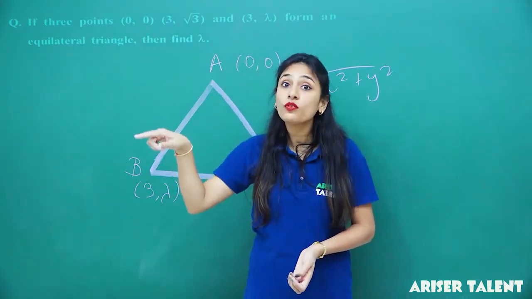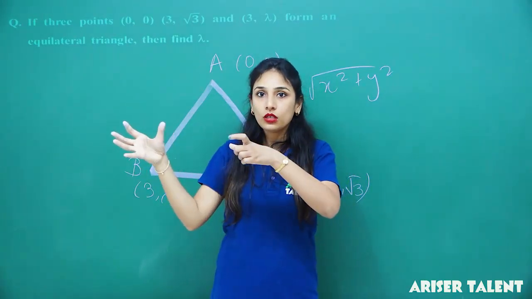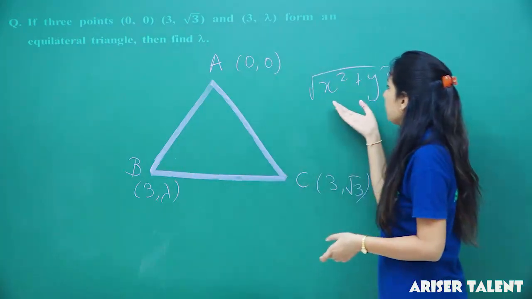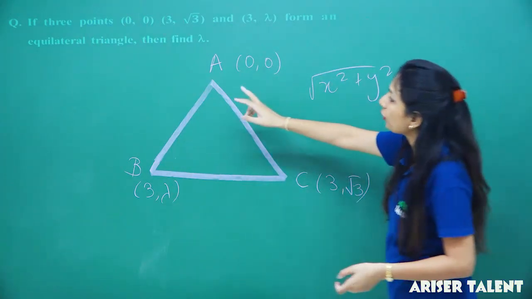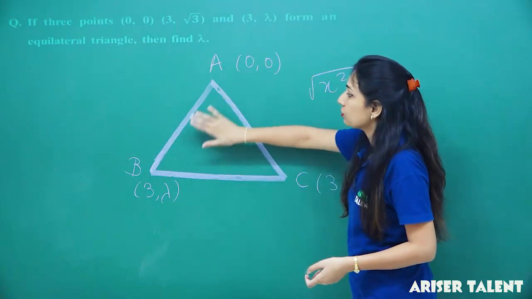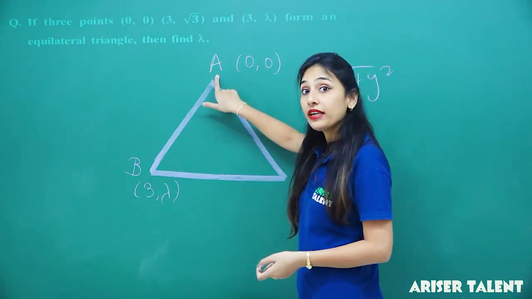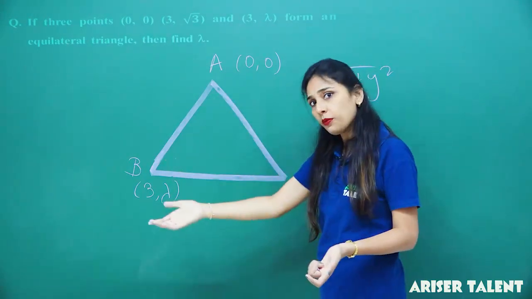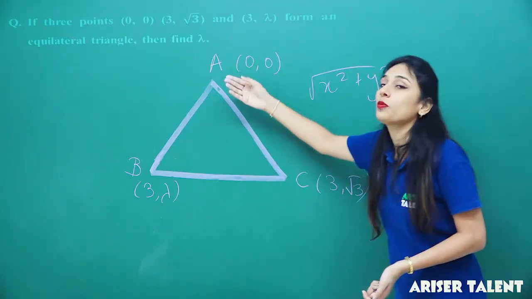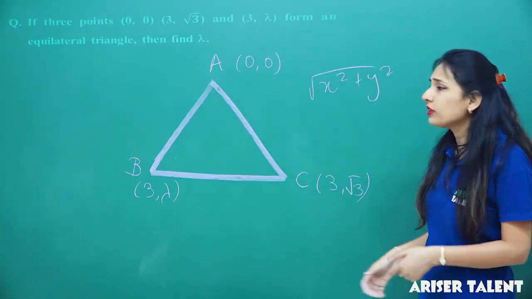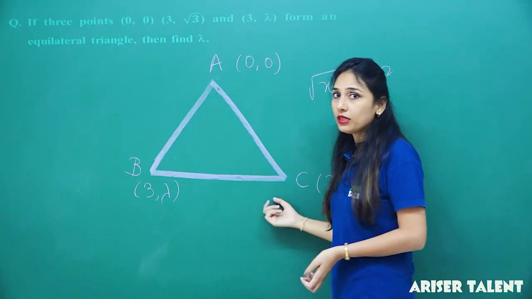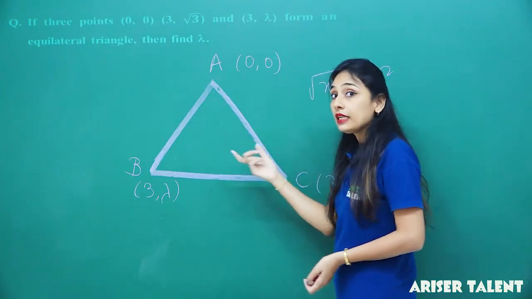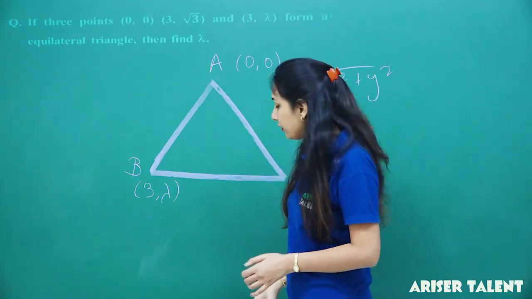You don't have to do it all, you just replace it with root of x square plus y square. In each line, the first point is the origin and the second point is some point. So you can apply the formula in both, and the distance is the same because it's an equilateral triangle.